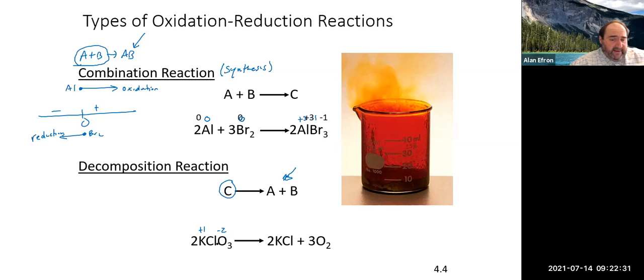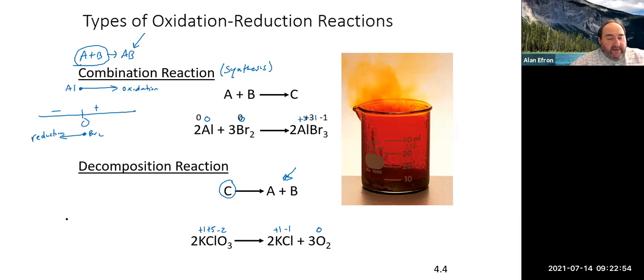That's -5, which means the chlorine here has a +5 oxidation number. Coming to the other side, potassium is +1, chlorine is -1. I know that because that's an ionic compound. So again, in an ionic compound, normal charges apply as oxidation numbers. Oxygen by itself in the O2 form is 0.